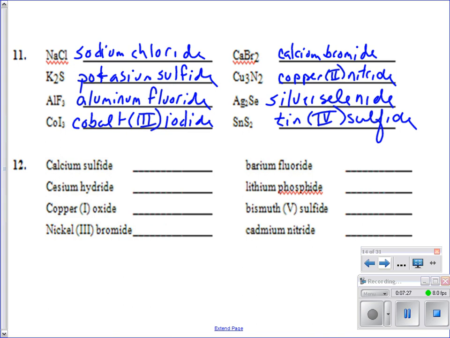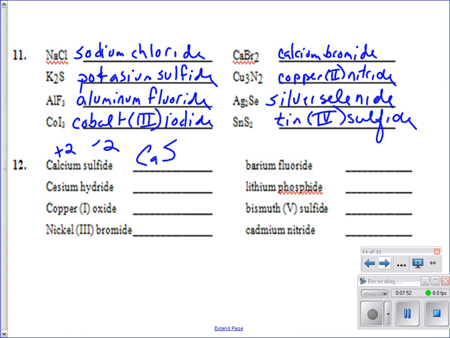All right, now, going to go the other direction. For the first few, we'll write the charges, and then you're going to do it without it. Calcium has what kind of charge? +2. What about sulfide? So what is calcium sulfide? CaS. Cesium hydride.